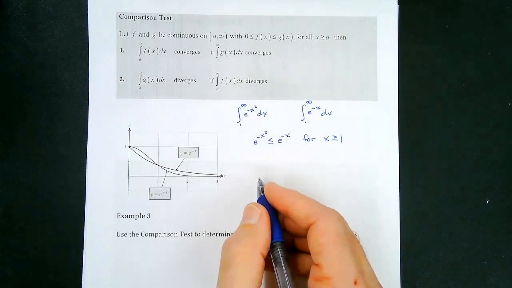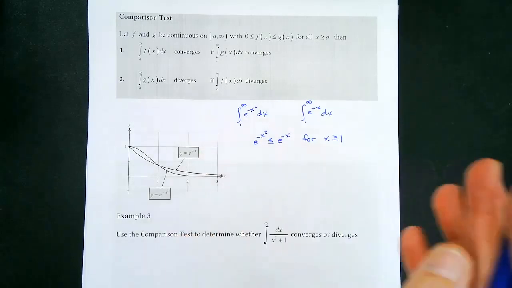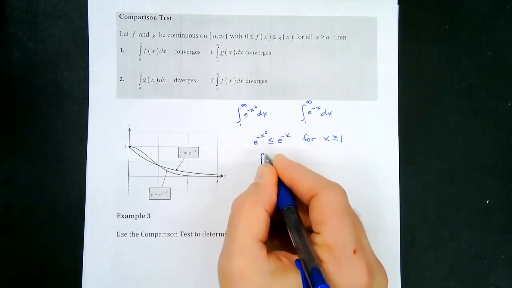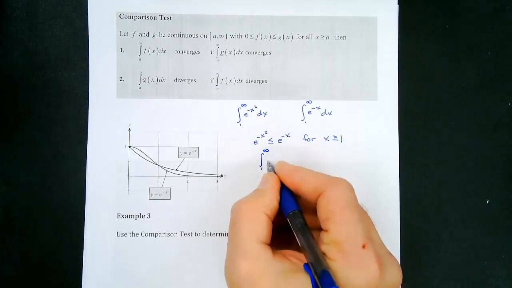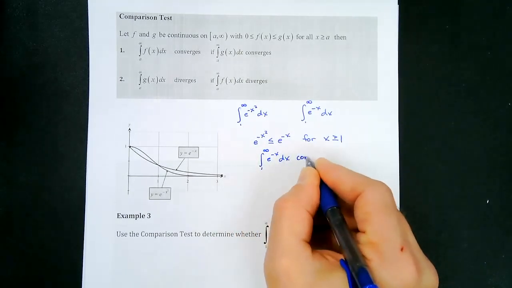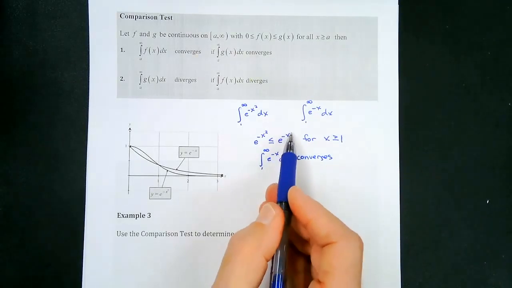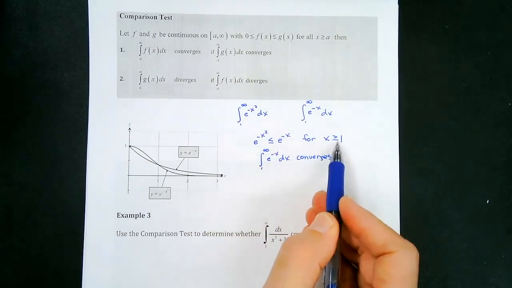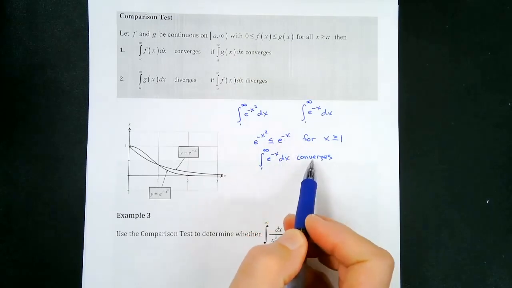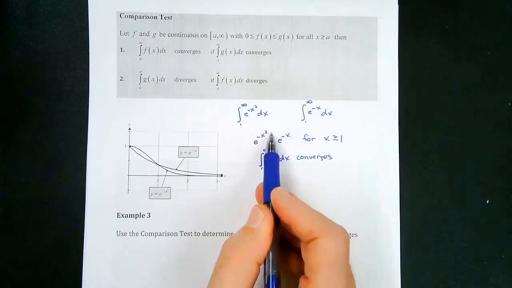So this one converges. I'm just giving you an example of how you would use this. The integral from 1 to infinity of e to the negative x dx converges. Since e to the negative x is bigger for all x greater than or equal to 1, which is our lower limit, and it's converging, and the other one is lower than it, then the smaller one has to converge.